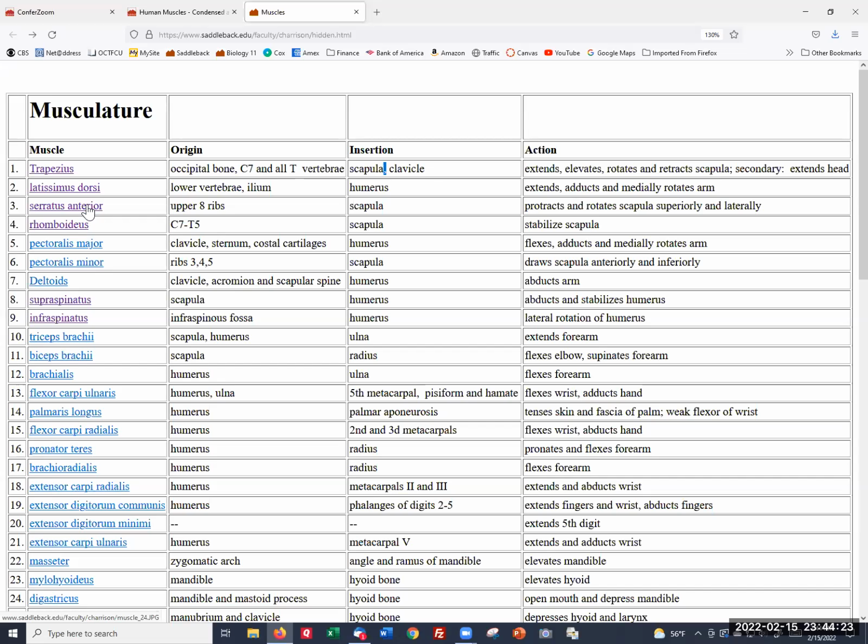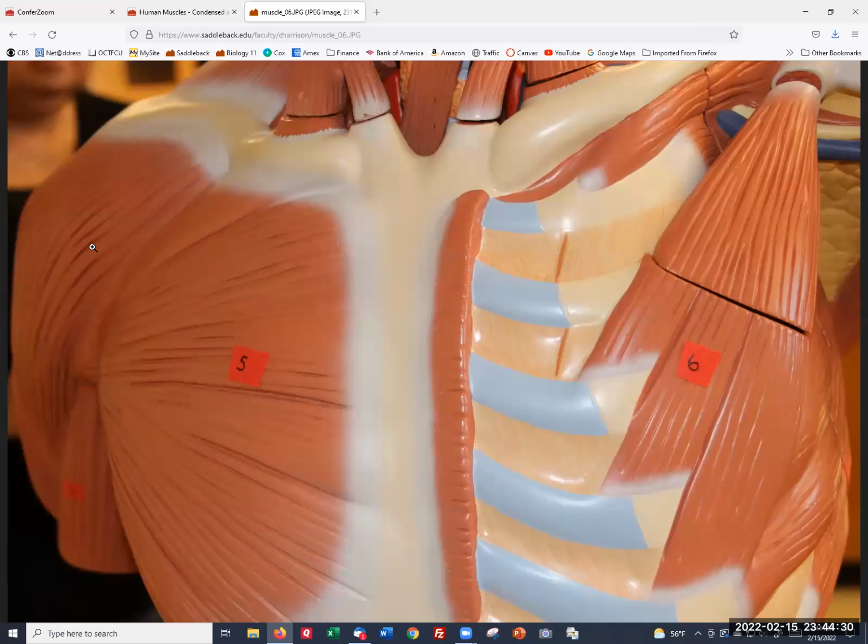You knew it had to get a bit harder than those bones. Okay, the pectoralis major and minor, we're on the chest here, and over the superficial part of the chest wall, number 5 is the pectoralis major. Here is its origin, this entire circumference here.